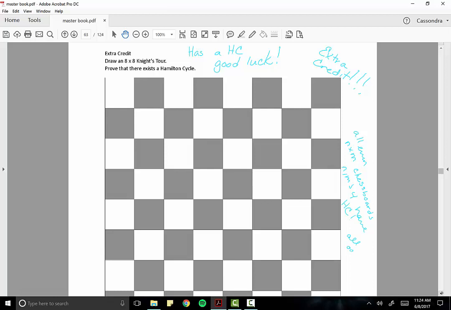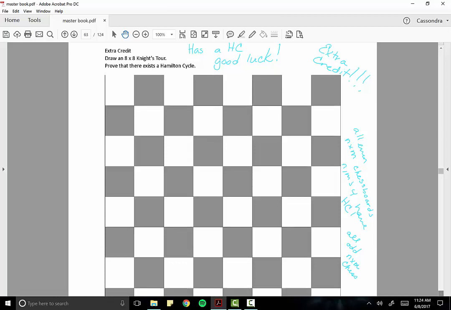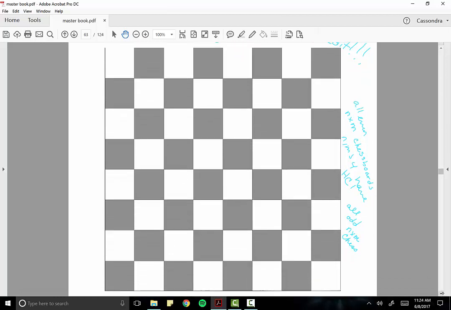All odd n by m chessboards do not. And I'm sure that this little bit of information is screwing with your brain because chessboards are only 8 by 8. What are you talking about? Well, we're talking about math chessboards.